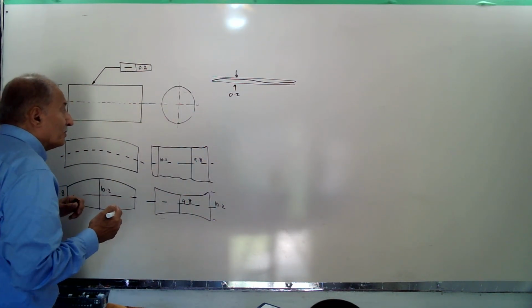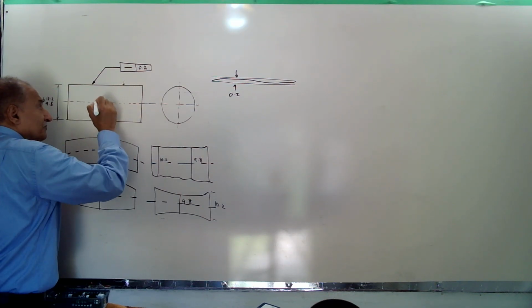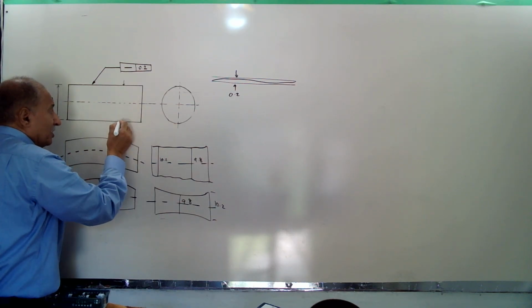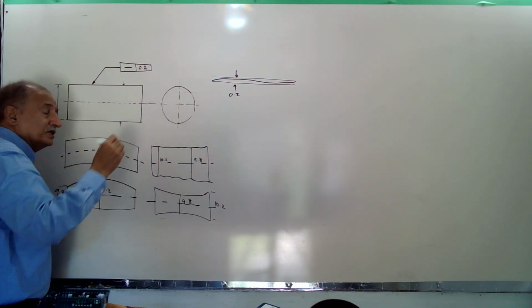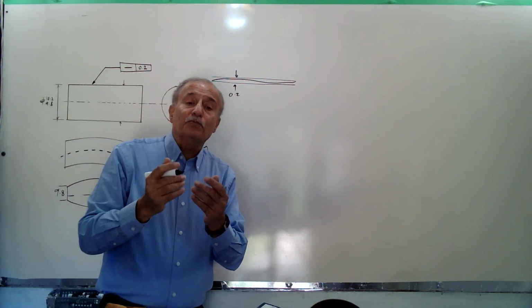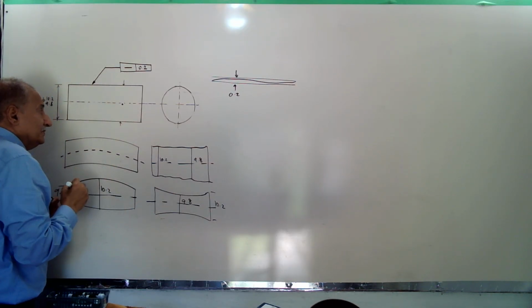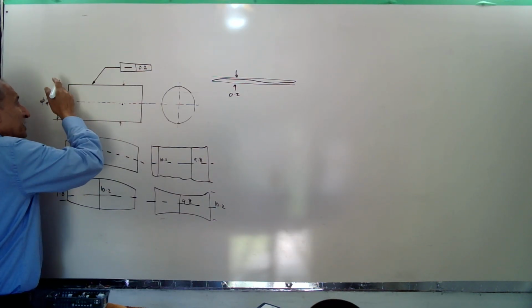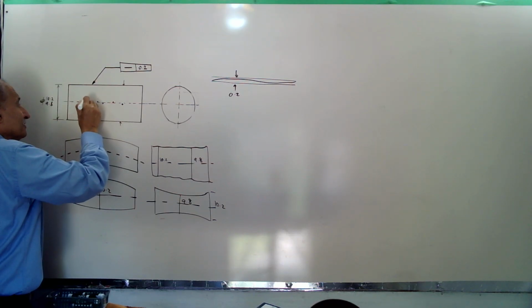I give the part to the CMM machine, the stylus touches here, sends the coordinates to the computer, and then comes opposite to that, 180 degrees, touches here as well, sends the coordinates as well, and finds the midpoint between them. For example, here. This is called a derived median point. And do it from the first to the end of the shaft, and we have a set of points.